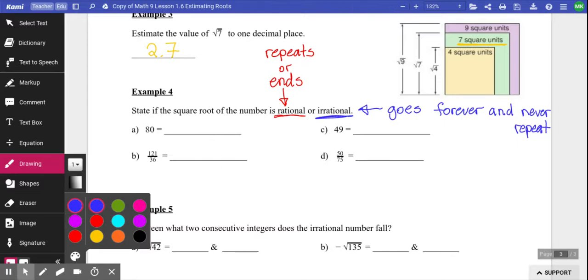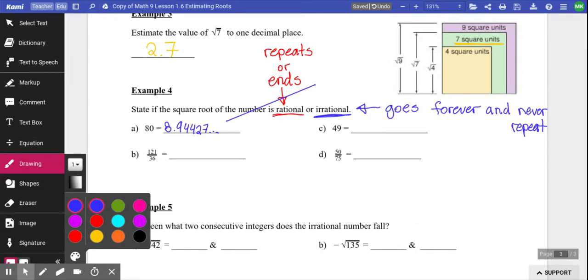If we look at the square root of 80, on your calculator you hit 80 and then the square root symbol, the square root of 80 would be 8.94427, and it keeps going. And notice how there's no pattern, right? It's just going. Because it has no pattern and it never stops, we call that irrational.